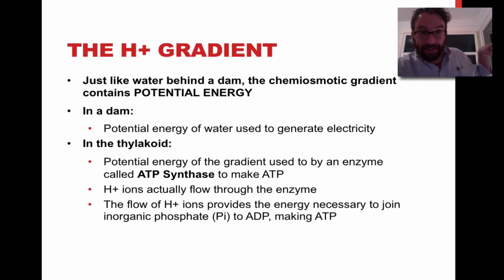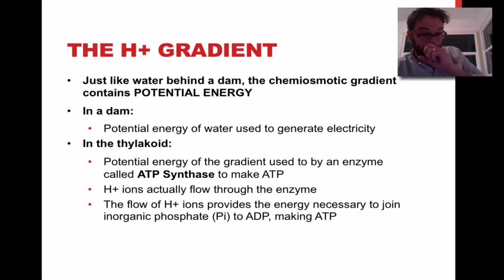You need to input that energy from the gradient, from the flow of hydrogen ions, to make that non-spontaneous reaction happen. And what you've done then is you've taken the energy from the sun, which was transferred into the energy of the hydrogen gradient, or the chemiosmotic gradient, and then you transferred it finally into ATP.